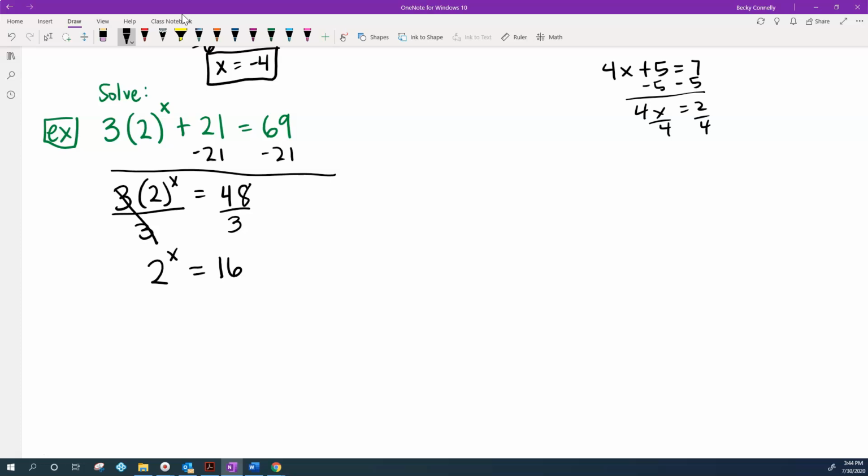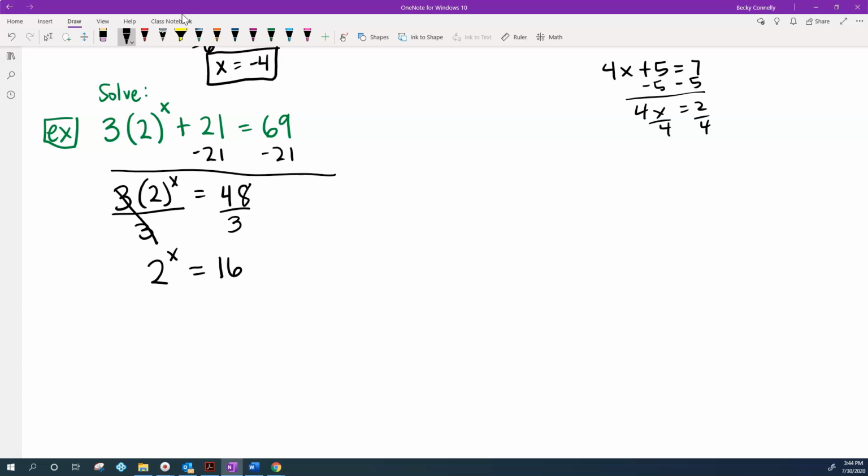All right, now what could we do from here to solve for x? Change of base. Yeah, you divide log 16 by log 2 and you would get that.